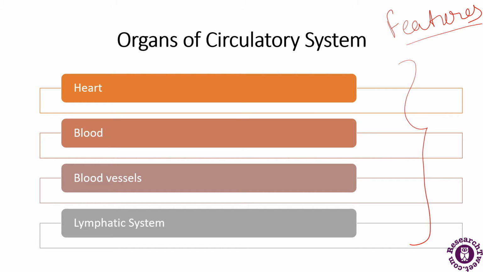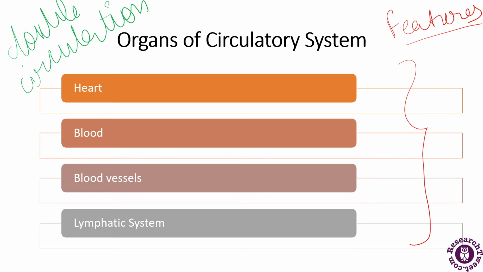It circulates blood in two loops, which is called double circulation. One is oxygenated blood and the other is deoxygenated blood.